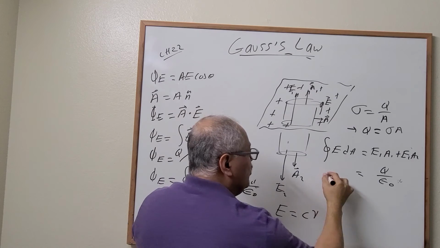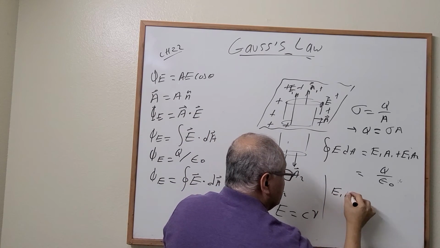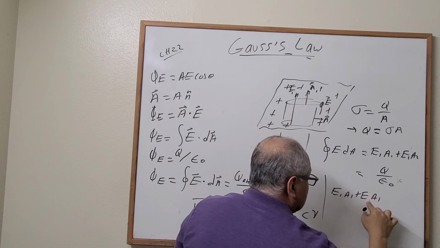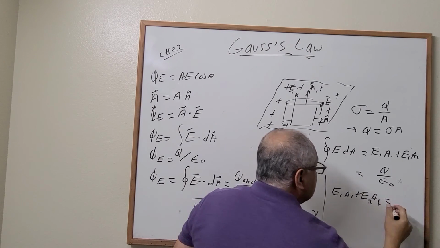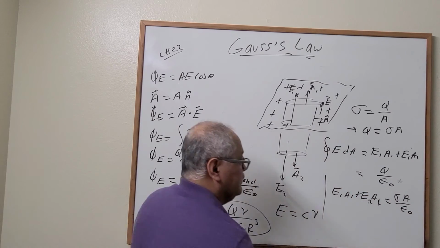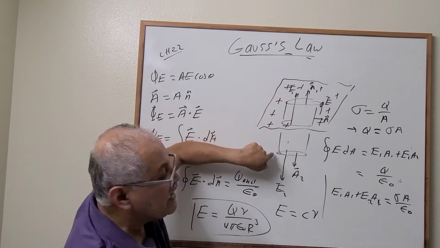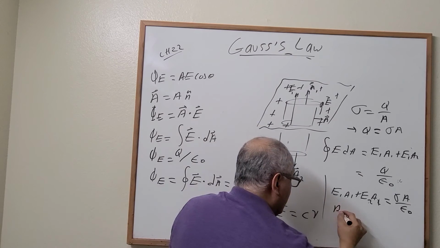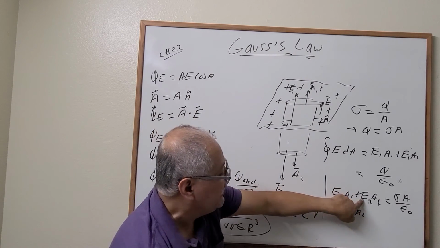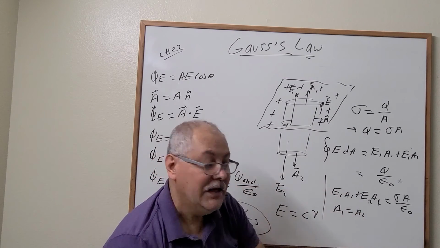Correct? And then what do we have? Well, we have this product plus this product, in this case 2, must be equal to sigma times area over epsilon naught. But these two areas are the same, right? Area 1 is equal to area 2. So we expect to have the same electric field.